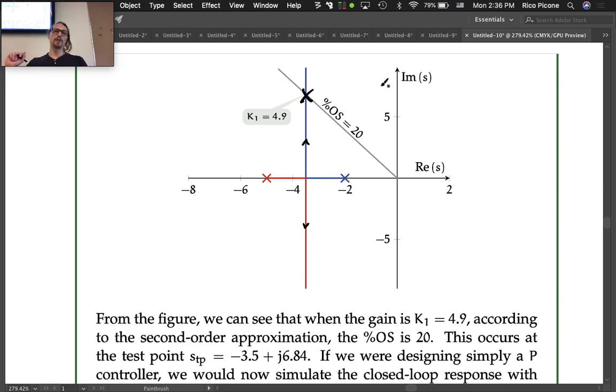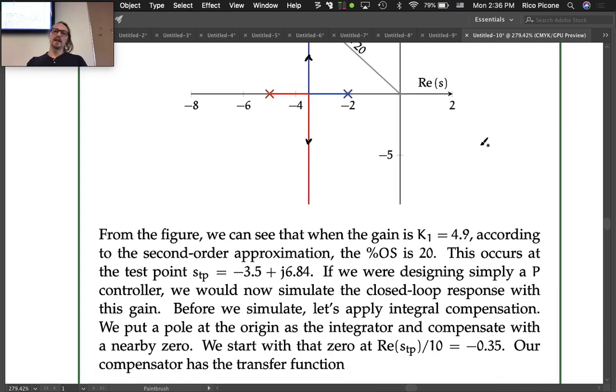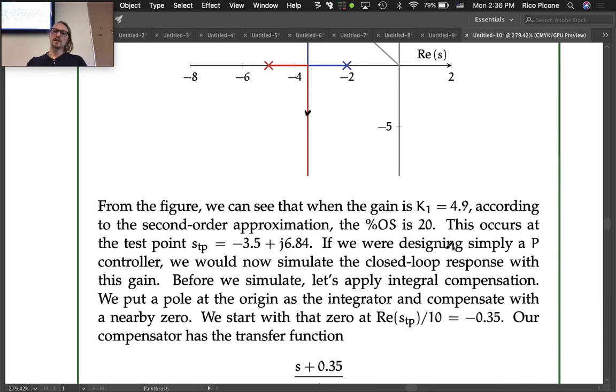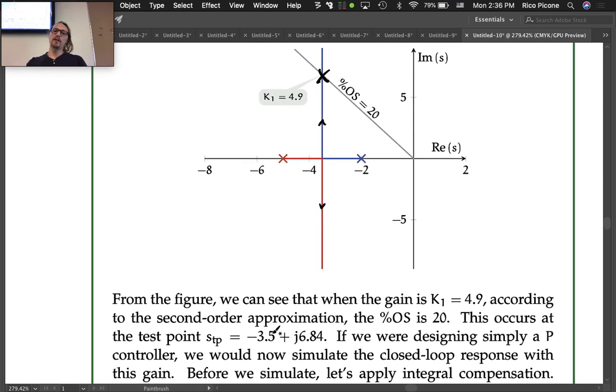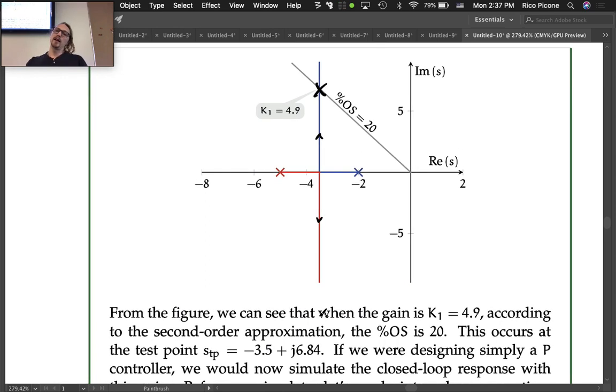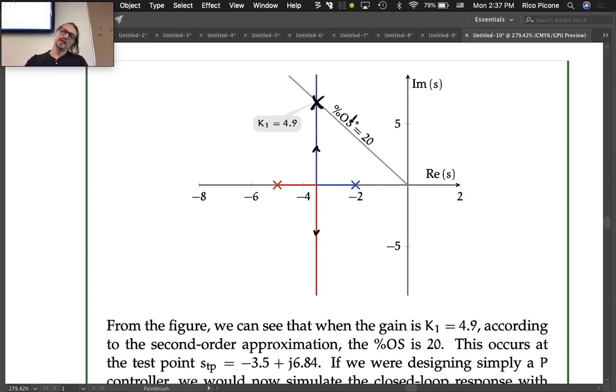So a gain of 4.9 gets us there. This occurs at a test point of -3.5 real part, and j6.84. So that's the coordinates of this point, -3.5 and 6.84 imaginary.